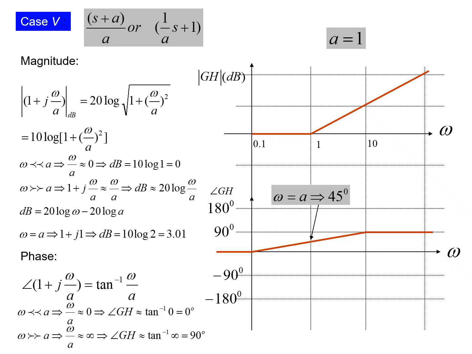This is the graph. It is for omega more than a.